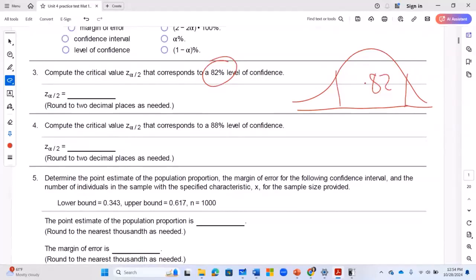And the question is, find the tails. The area on that normal curve is 1, so 1 minus 0.82 is 0.18.